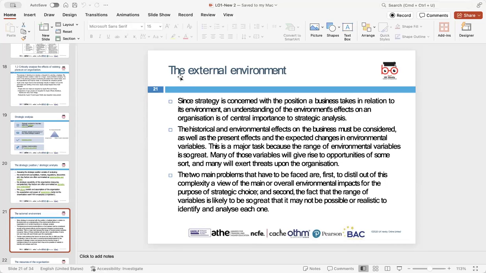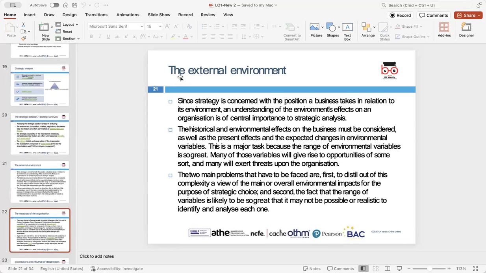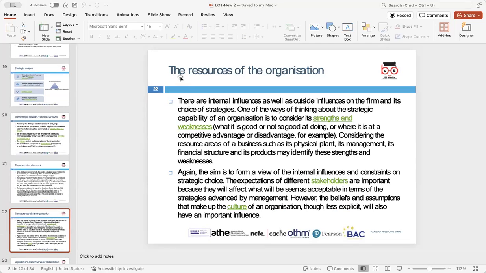So the challenge lies in distilling the complexity of environmental factors into an enhanced view of strategic choice and addressing the range of variables that may impact the organization. Resources of the organization's internal influence on strategic choice include strengths and weaknesses, stakeholders, cultures.